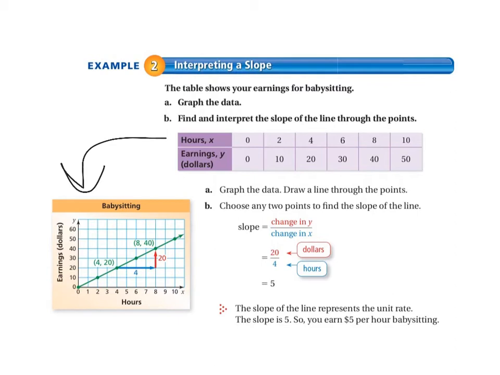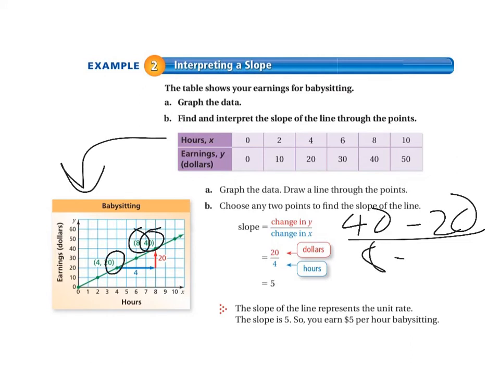So we graphed it, we drew a line through it. Our change in y, so we take our y2, 40, minus our y1, 20, and that gives us the $20 on the top, and our x2, 8, minus our x1, 4, and that gives us our 4 on the bottom.